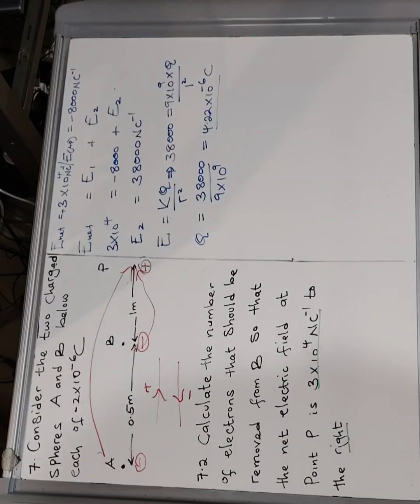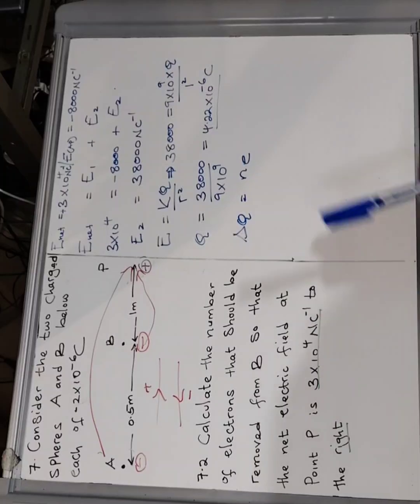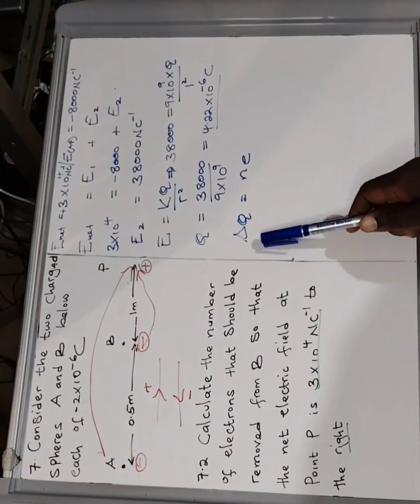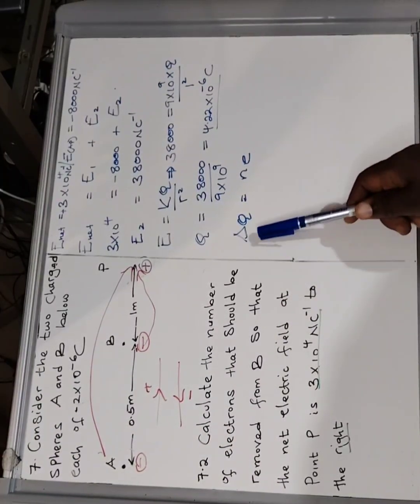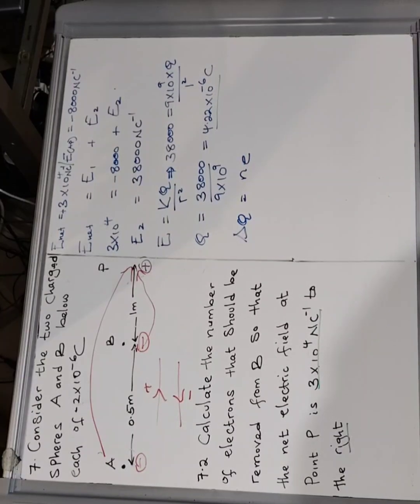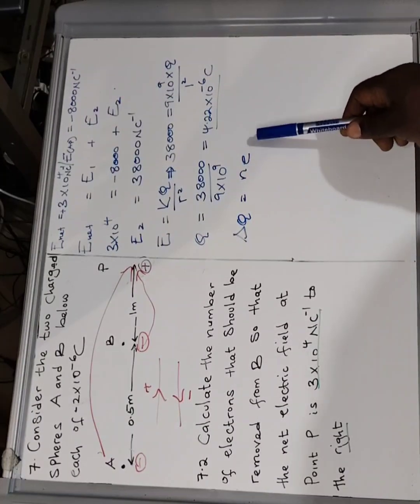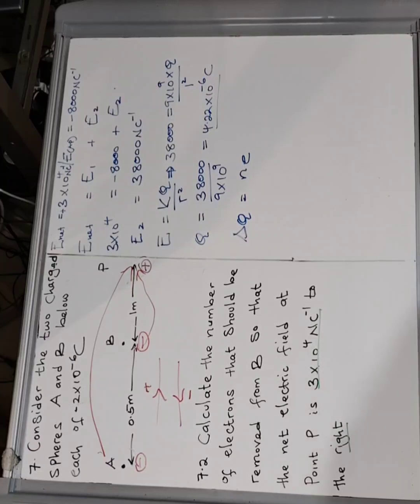Okay. Now, after getting our new charge, what do we do? What we do is find the difference between the new charge and the charge before. Let's look at that. So this is what we have. The difference between the two charges is equal to the number of electrons transferred times the electronic charge.